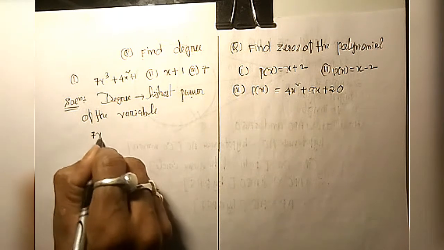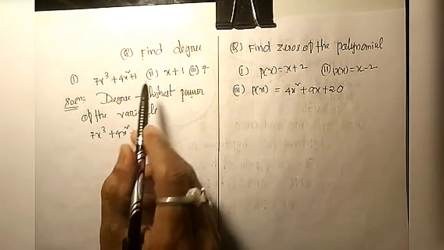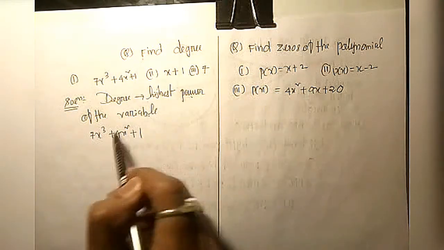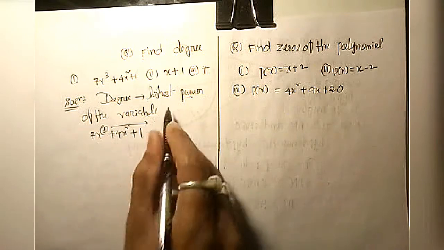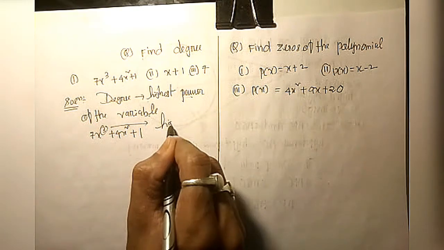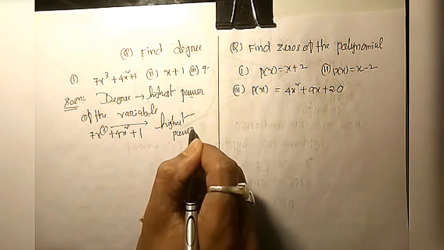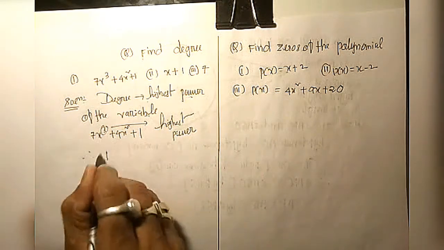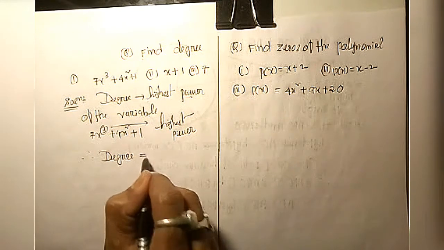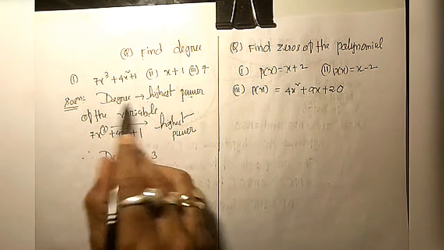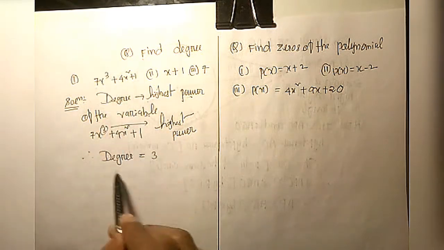Roman number 1, 7x cube plus 4x square plus 1. The highest power of the variable in the given polynomial is 3. Since 3 is the highest power, the degree of the polynomial should be 3.